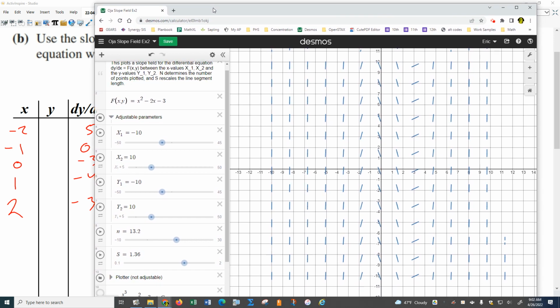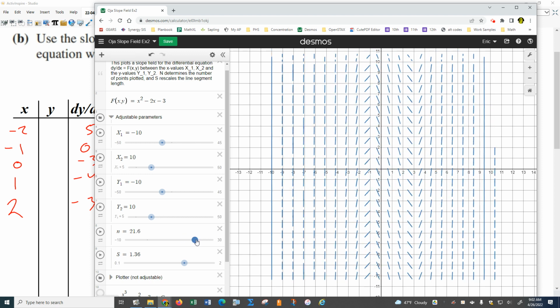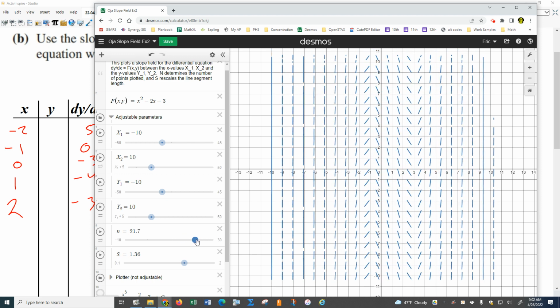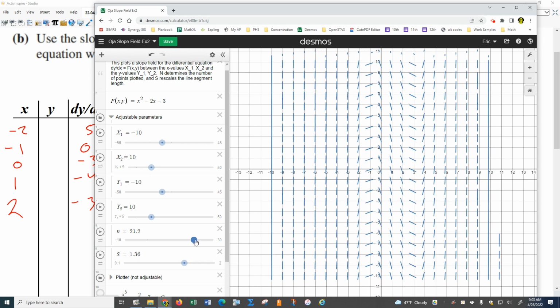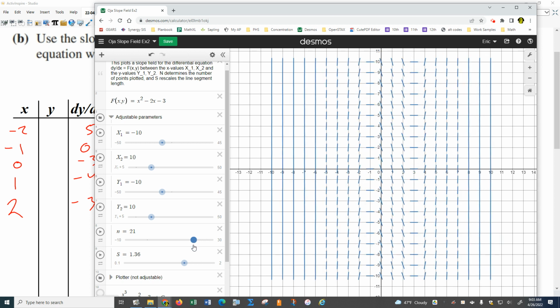Well, maybe not. Oh, there we go. Okay, so that works. Yeah, now that matches up with ours. Look, at -1, we get our 0. It looks like it's really steep over here. It rounds off to 0. I mean, you can get a pretty good idea what this thing's going to look like, right?